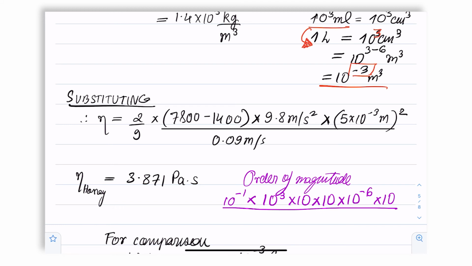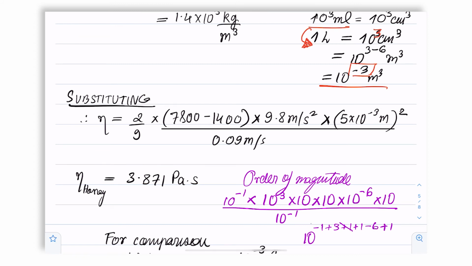And 0.09 meters per second is approximately 0.1 meters per second, which is 10 to the power minus 1. And when we take the orders together, we end up with minus 1 plus 3 plus 1 plus 1 minus 6 plus 1.